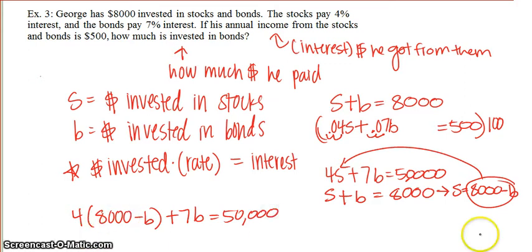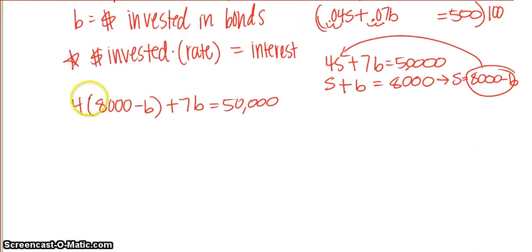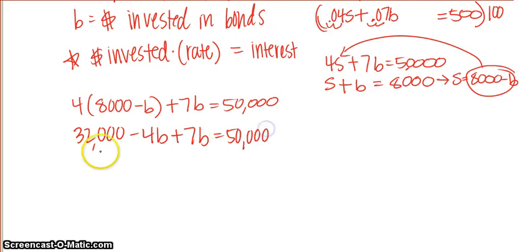I know that, I'm going to scroll this up, if I multiply that out, that's 32,000 minus 4B plus 7B equals 50,000. I'm going to combine like terms, so I have 32,000 plus 3B equals 50,000.